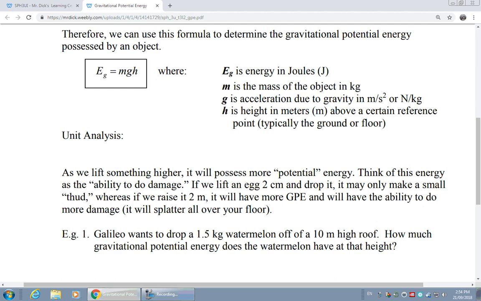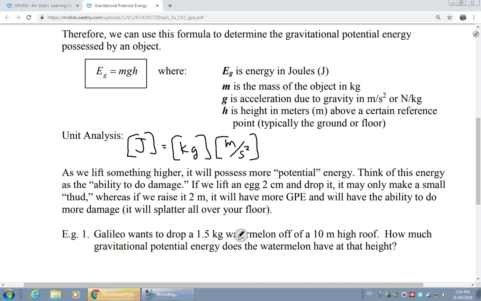So we can look at the unit analysis just to make sure everything makes sense. We know in the end that on one side of the equation we're getting an amount of energy. So whatever we get on the other side, we should get joules. So let's analyze what we have on the right side of our equation. Well, mass, we said, must be in kilograms. We then multiply by g, which has units of meters per second squared.